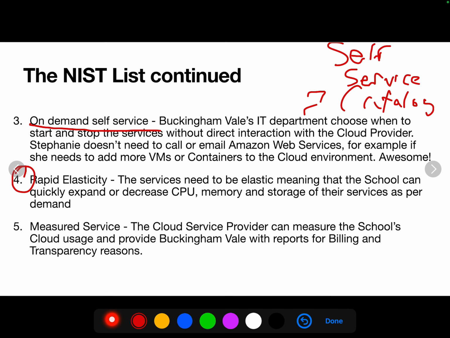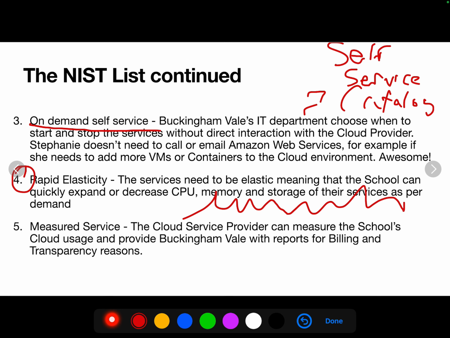Scale up and scale out with their services as per demand, because obviously demand can fluctuate. It can go up and down, up and down. So likewise, we need to be able to increase and decrease our processor, memory, and storage as and when required.